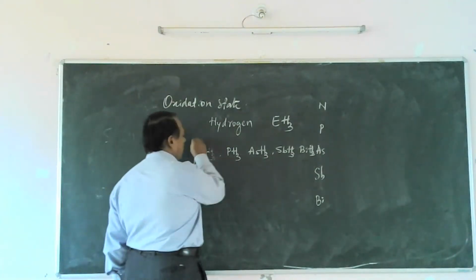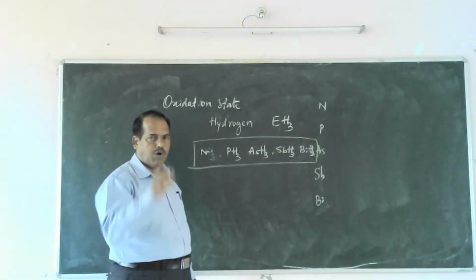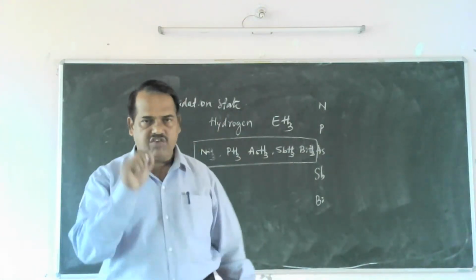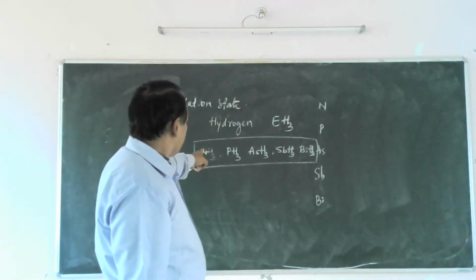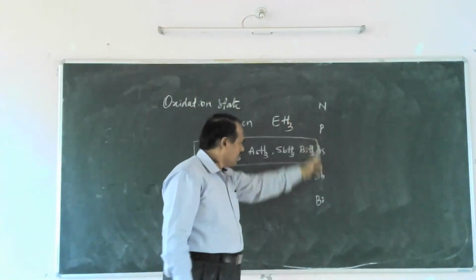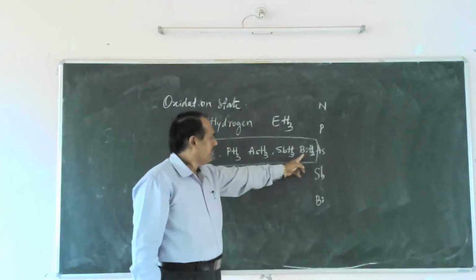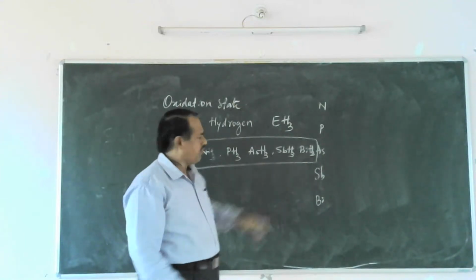Among these, you have to study some characteristics. See, what are those characteristics? Those are acidic properties. As you come down, bismuth hydride is more acidic.